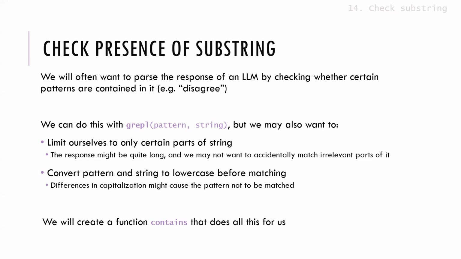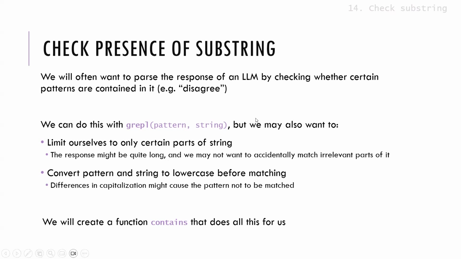And then the LLM will give you a response like strongly disagree, disagree, agree, and so forth, right? You can just take that output as it is, okay, but usually we want to pass that output into something else, right? For example, strongly disagree is 1, disagree is 2, agree is 3, strongly agree is 4, right? So to convert it to that kind of numerical response, you need to check for the presence of a particular substring in a longer string.